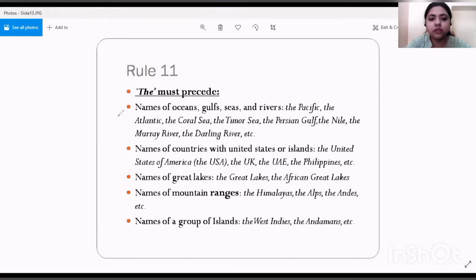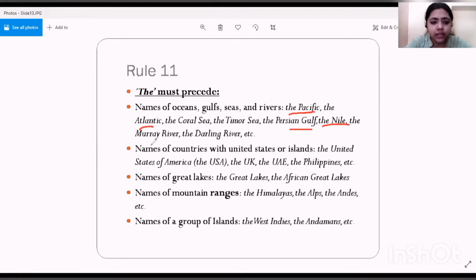First one, names of oceans, gulfs, seas, and rivers. Wherever you find the name of an ocean or gulf or sea or river, always use the article the before it. For instance, the Pacific, the Atlantic, the Coral Sea, the Persian Gulf, the River Nile.